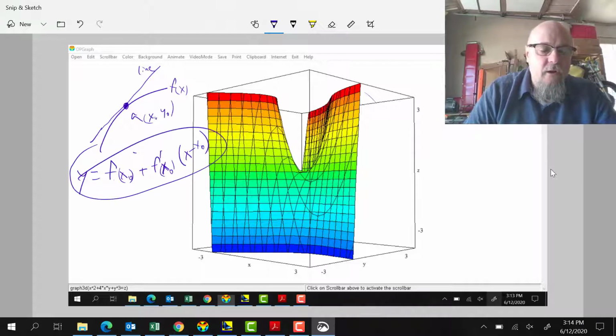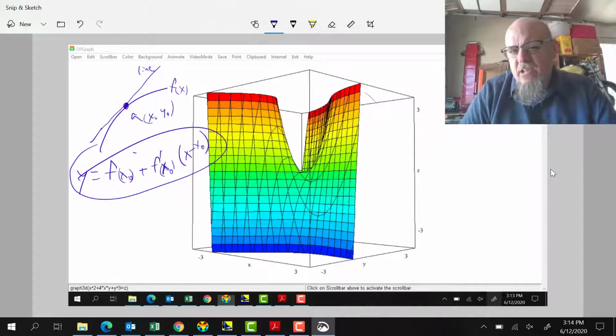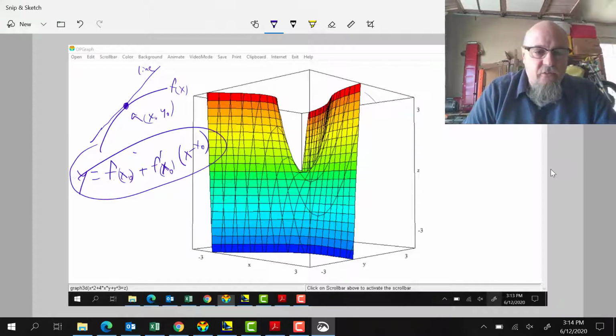Now we call that the equation of the tangent line, or at the end of Calc 2, we would be calling that the first order Taylor polynomial. But it's the tangent line. Notice it's the output value plus the slope times x minus x naught.